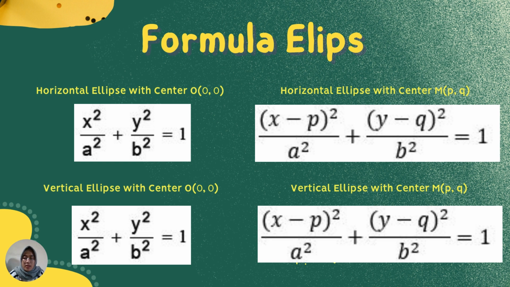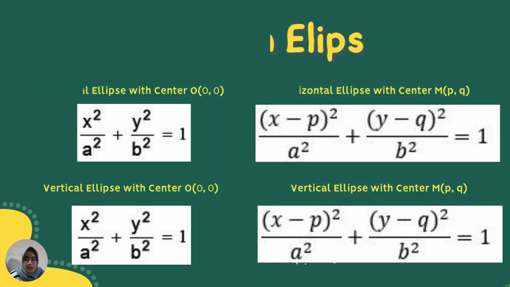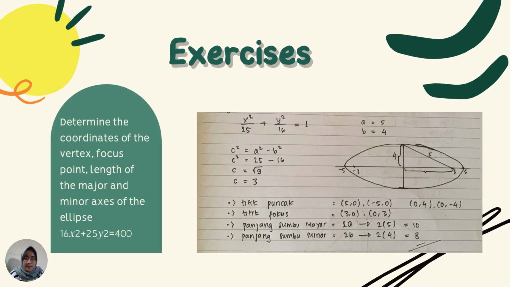So the only difference lies in the center point; whether it's vertical or horizontal, the formula is the same. Okay, next.